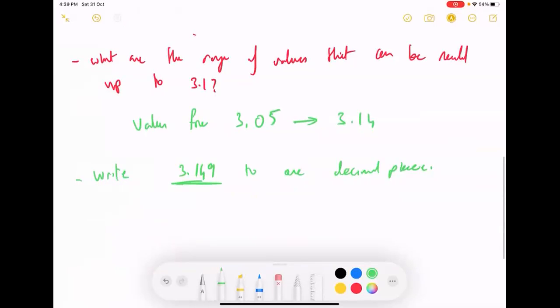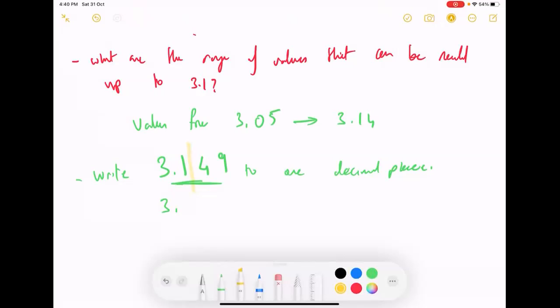So that would be 3.1. When we write it to one decimal place, we only see this number. Let me draw it very big. 3.149. Now we'll make a line here.